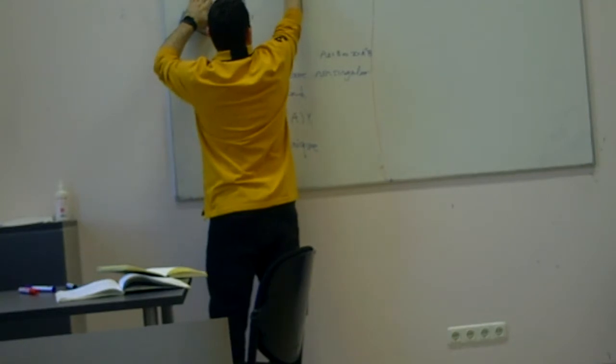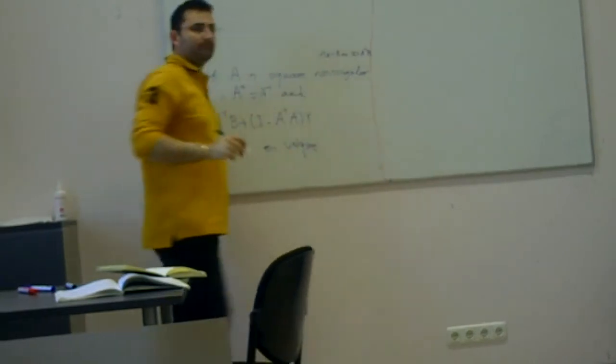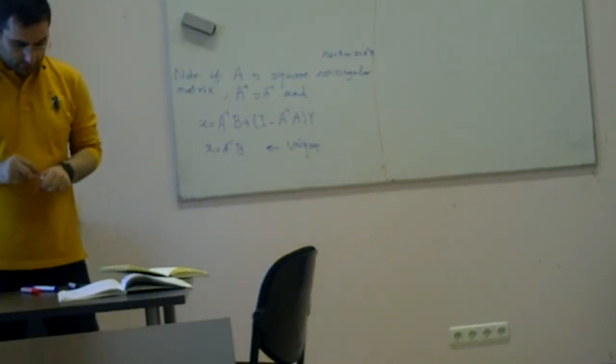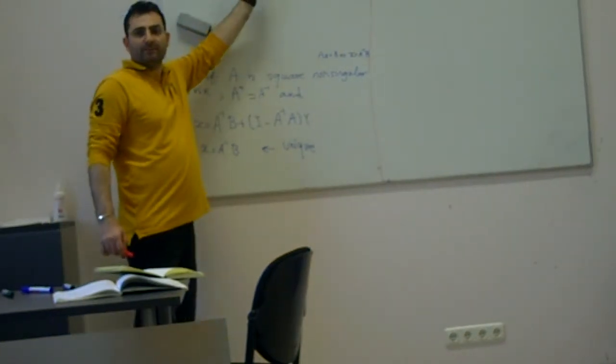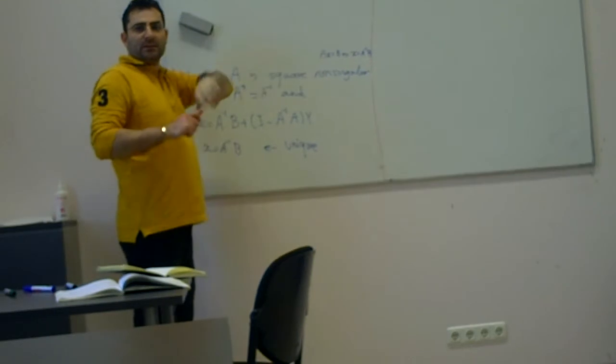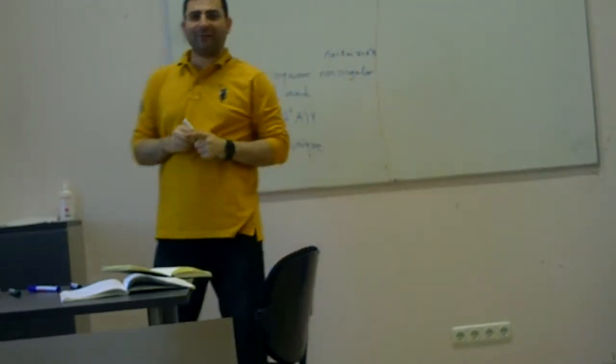What was the general solution? A plus b plus I minus A plus A y, right? And we said it is a combination of two parts. What are the two parts? This is the unique. This is the arbitrary. Now, what is the condition to have this one to be unique?